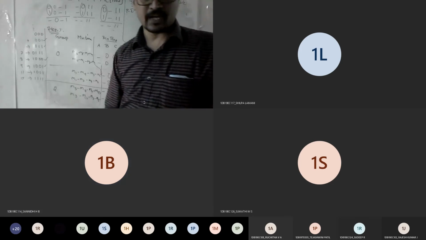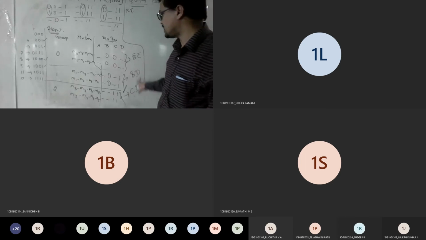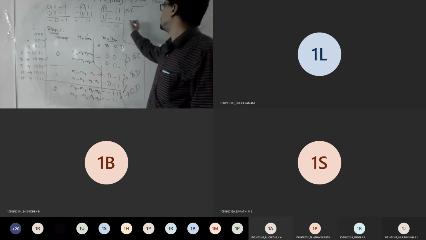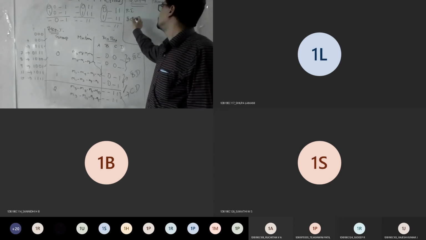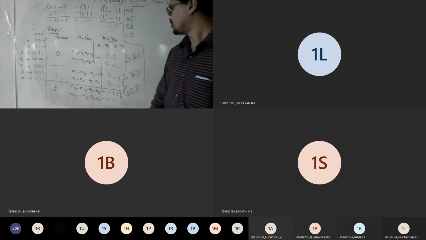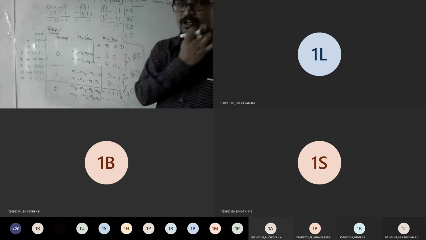So what is the answer you got from the previous step? I should replicate it here. So B bar C bar, B bar D, then CD. This is the answer you got, right? So this is your first column.